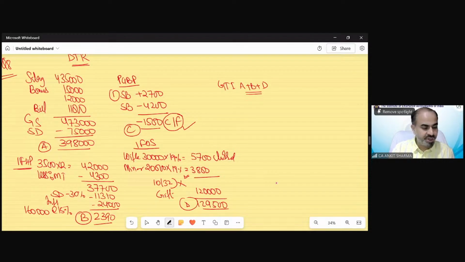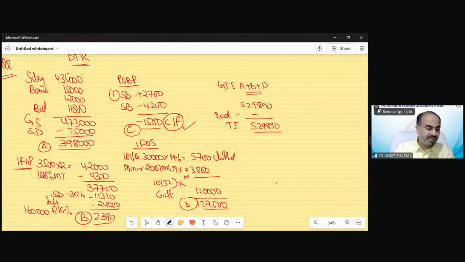So the GTI would be 5,29,809. No deduction applicable under section 80C to 80U. So this is going to be my total income, 529,890.